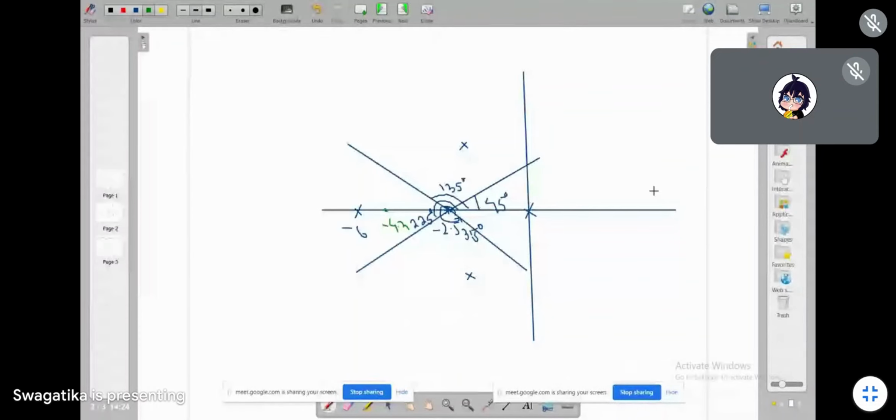Okay. So you are getting plus or minus 2.79. And you are getting k equal to 227.76, that is the k value to make the system stable.